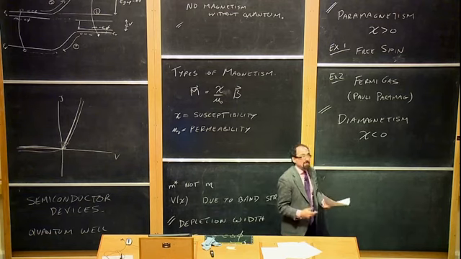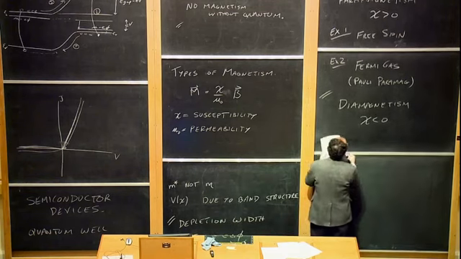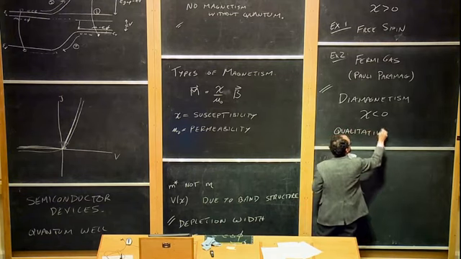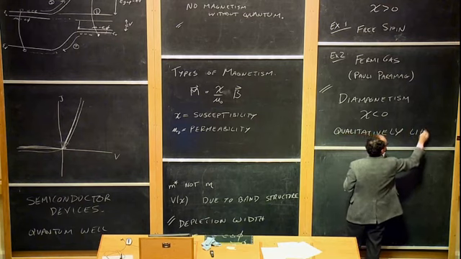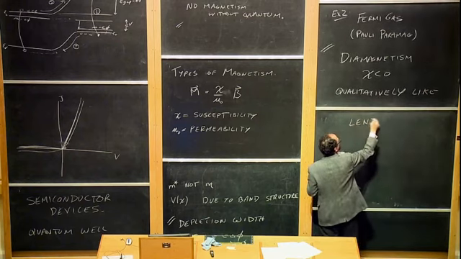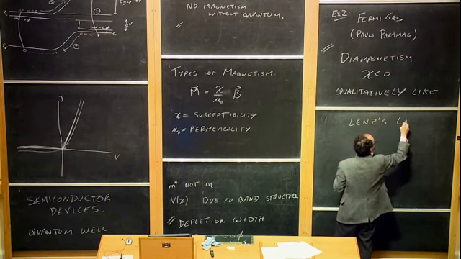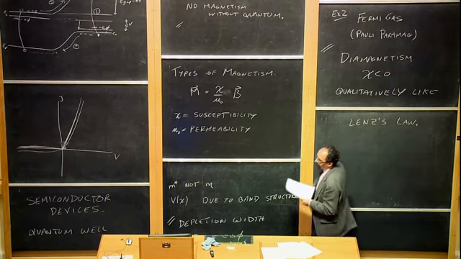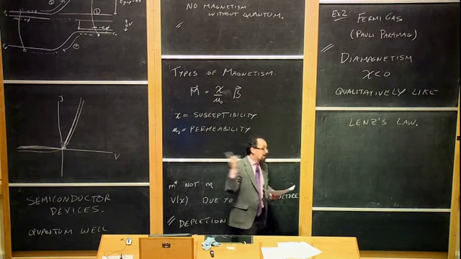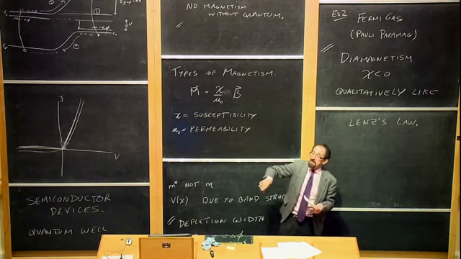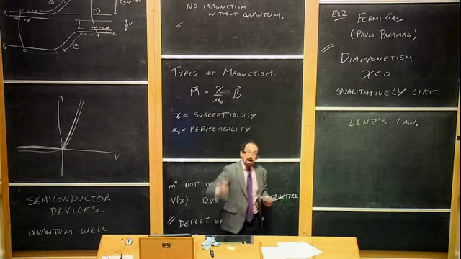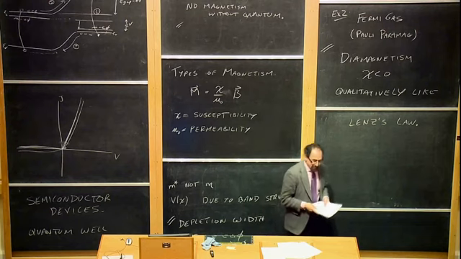Now, we may not know any examples of that immediately, but there's something that's qualitatively similar that we do know, like Lenz's law, which you may remember from first year E&M. Lenz's law, to remind you: if you apply a magnetic field to a loop of wire, currents will flow in that loop of wire to oppose the magnetic field. So you're developing a magnetic moment in the opposite direction of the change in magnetic field.